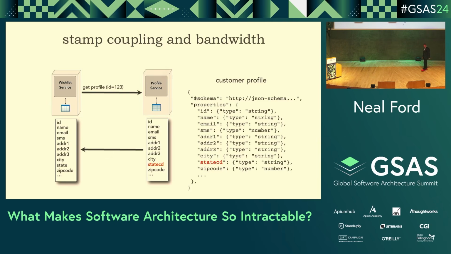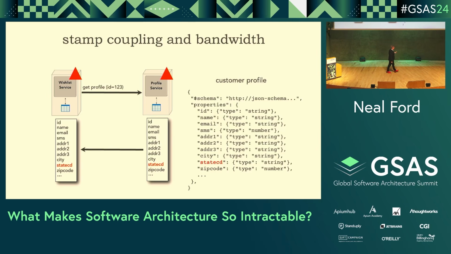Let's change that to state code, which now changes the profile service and breaks the contract with wish list. Wish list doesn't care anything about states or state codes or anything like that, and yet I've now broken the communication between these two services because I've overspecified the contract and I've created a stamp coupling situation here.